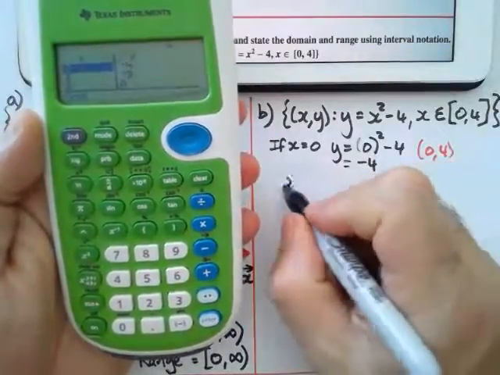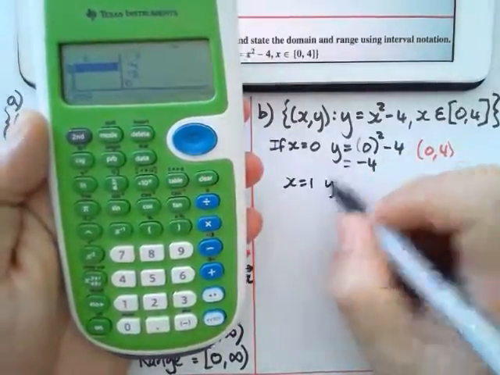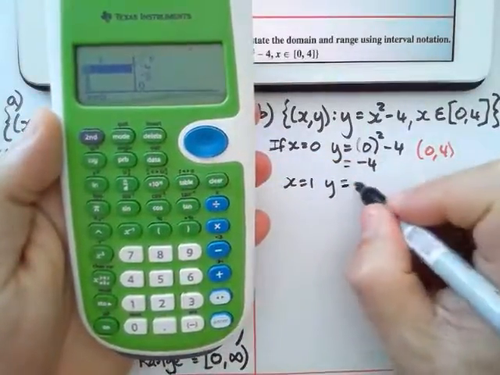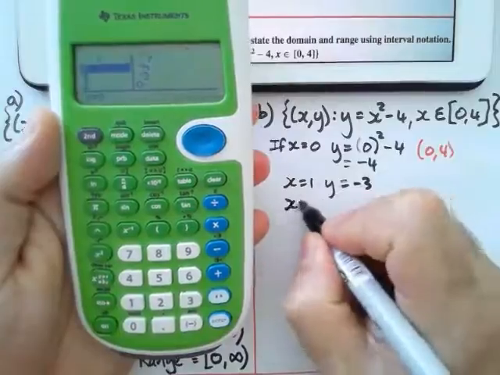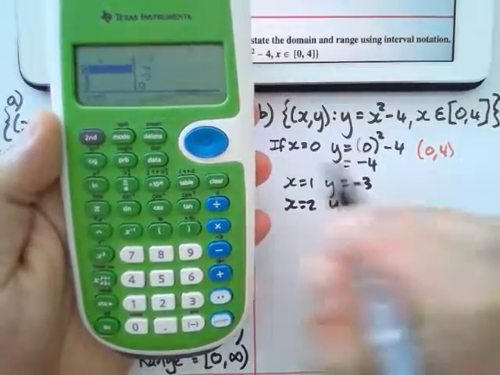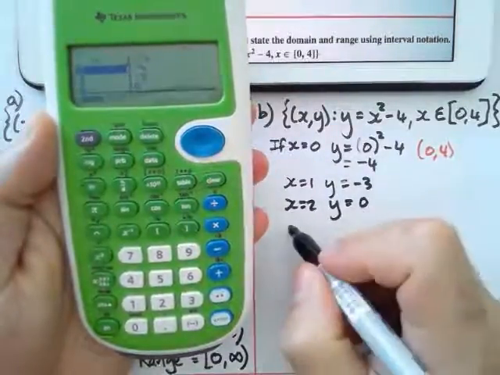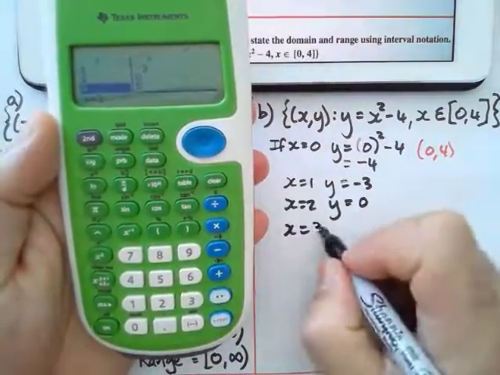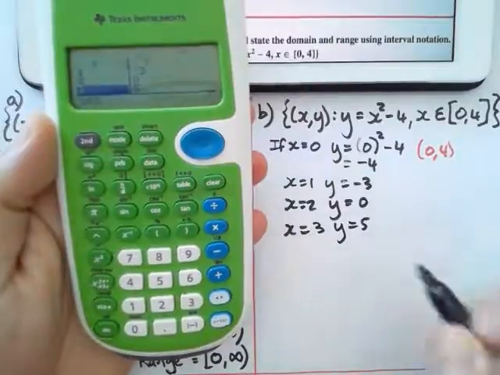When x is 1, y equals negative 3. When x equals 2, y equals 0. When x equals 3, and I can just scroll down, y equals 5.